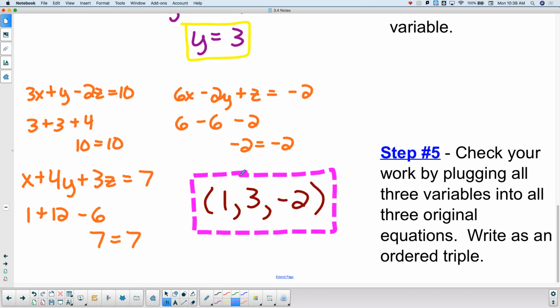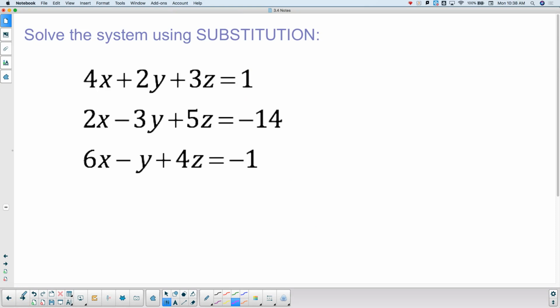Okay? What I'd like you to do now is solve this system of equations using substitution. Which equation, 1, 2, or 3, and which variable? 3 and y.